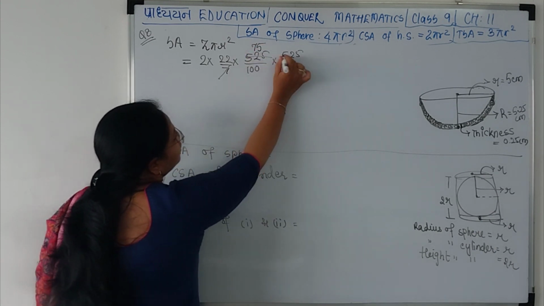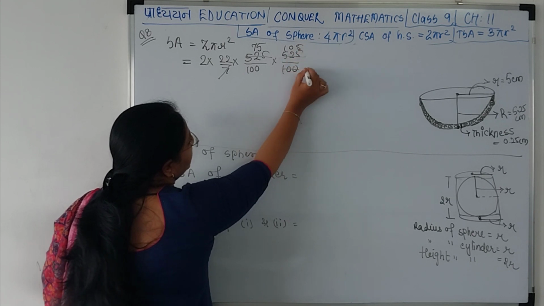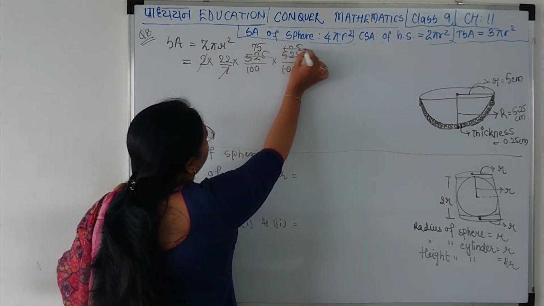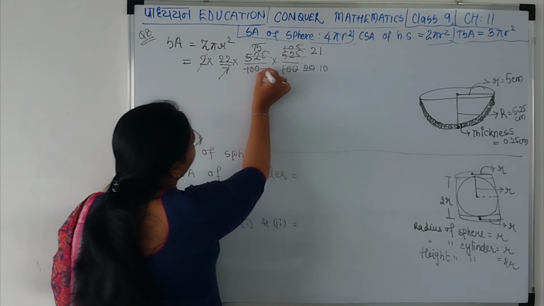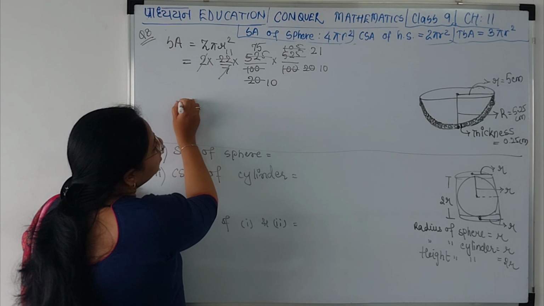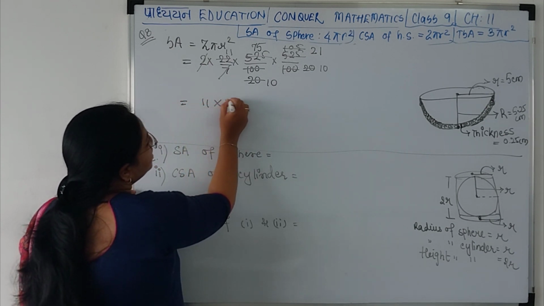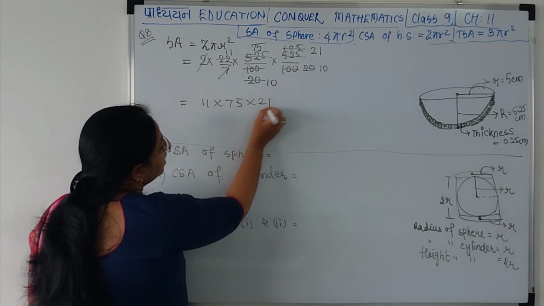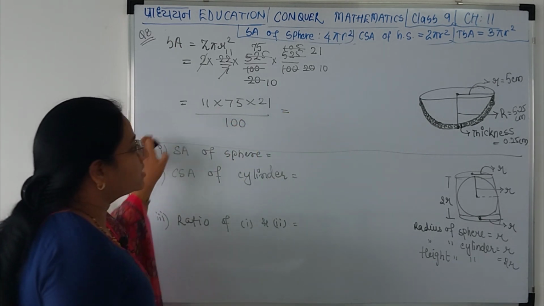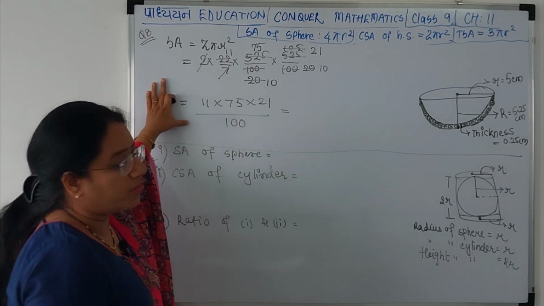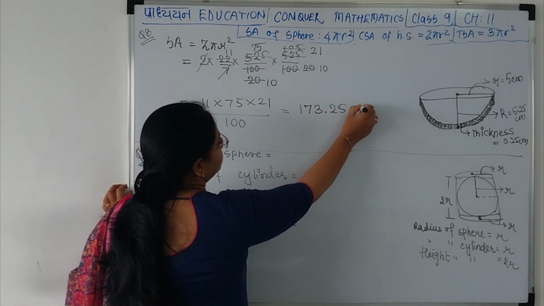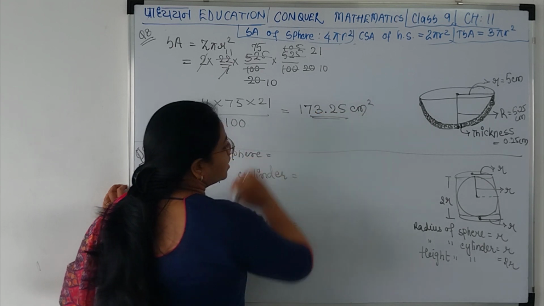Let's not go ahead. We are left with 11 into 75 into 21 upon 100. Whatever answer you get is the surface area of the bowl, which comes out to be 173.25 centimeters square. Okay, alright.